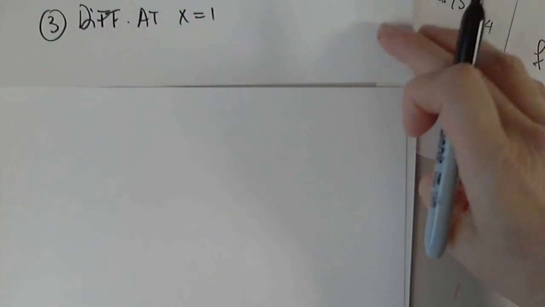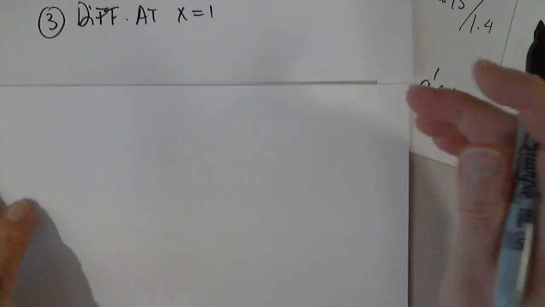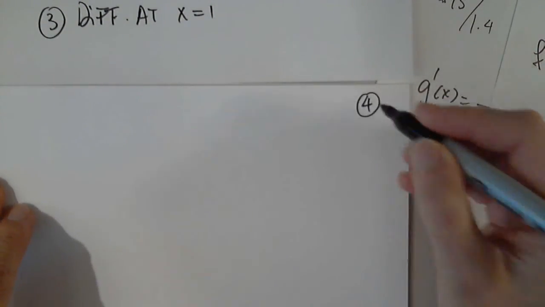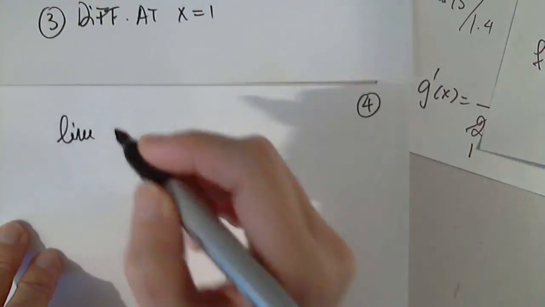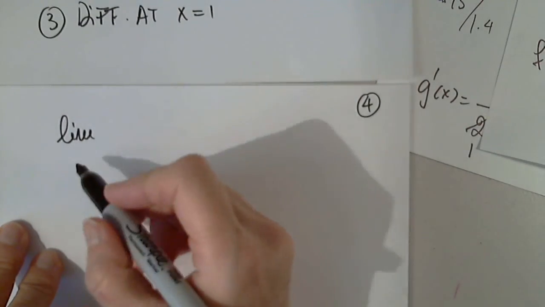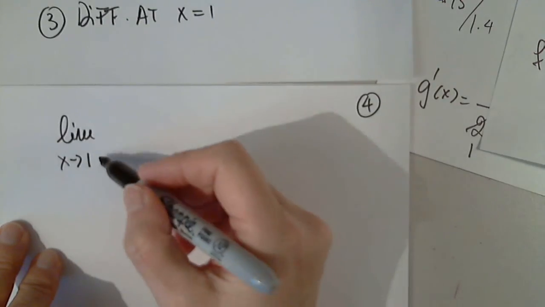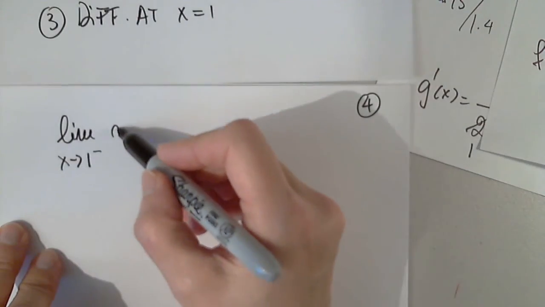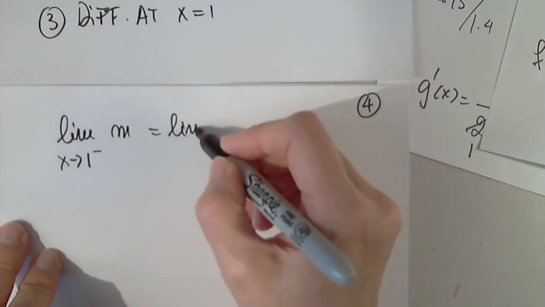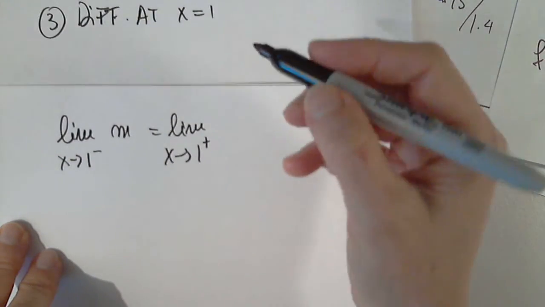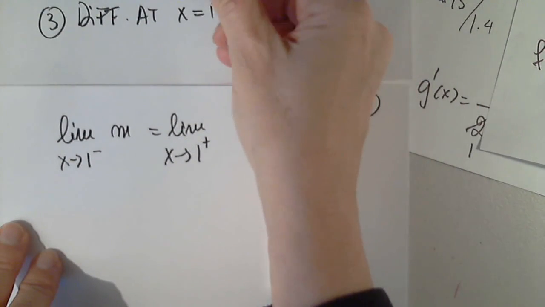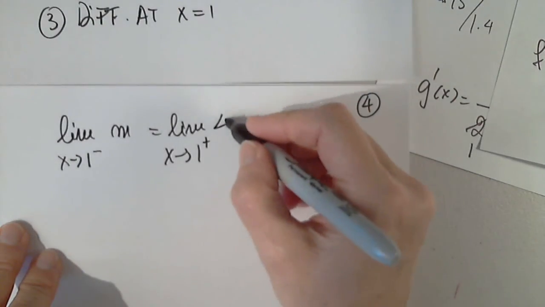So a function is differentiable if its derivative is continuous. So limit from the left of 1 from m has to equal limit from the right of 1, which is 4x.